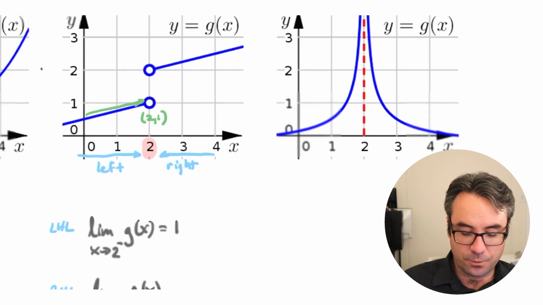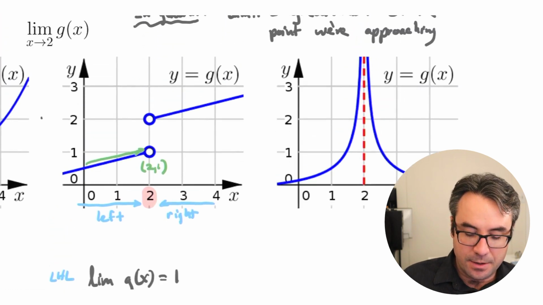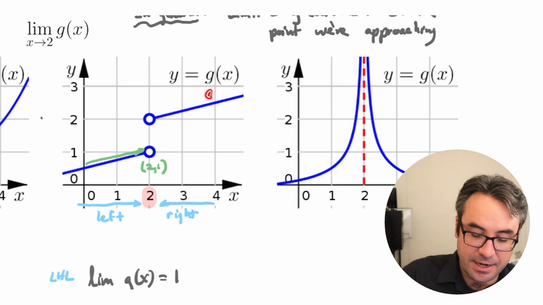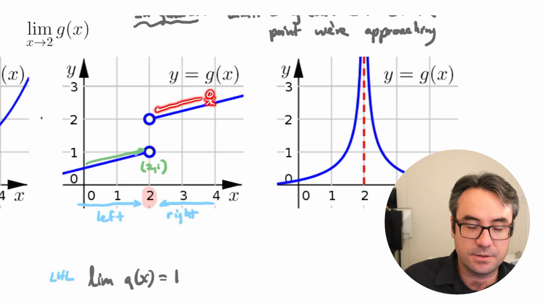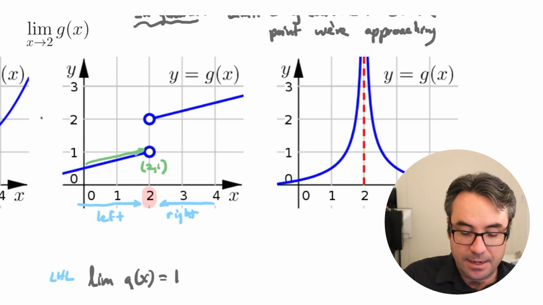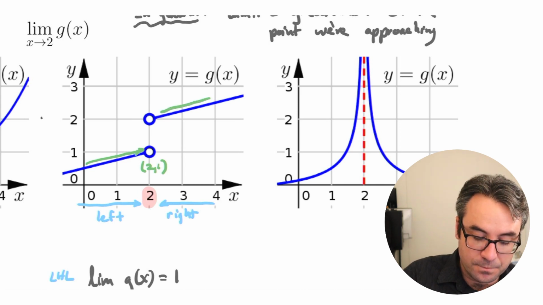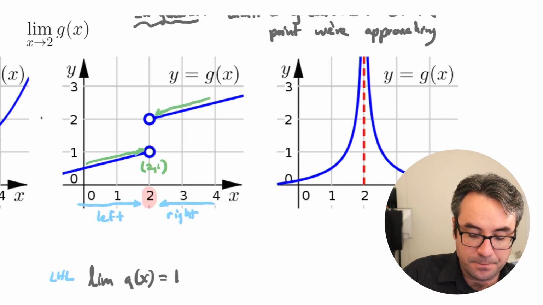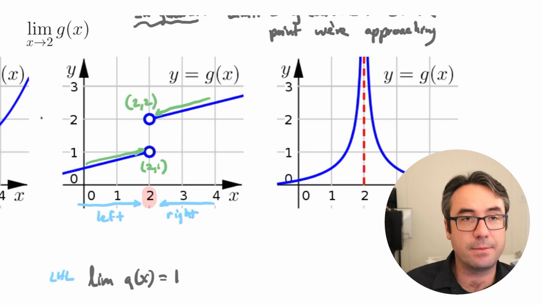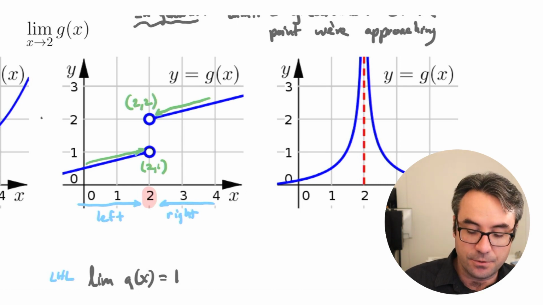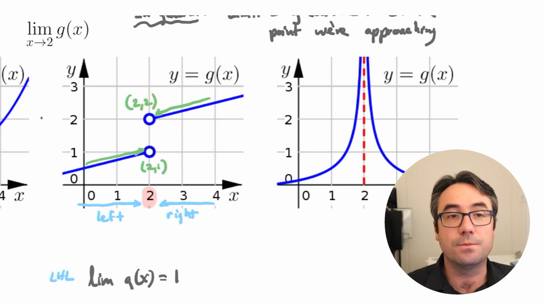If we look at the right-hand side of our curve, imagine standing there and walking along the curve to see where we're going. It looks like we're going to that point right there, which has coordinates 2, 2. So the value for our limit on that side is 2, the y-coordinate.